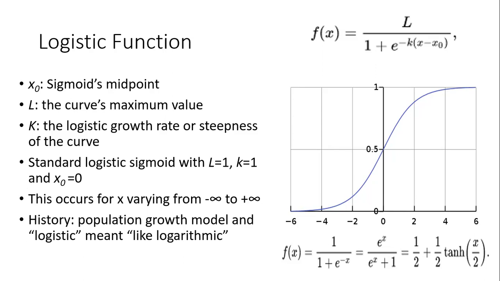You understand? They have the same shape. So do not think that sigmoid is something else, logistic is something else, and hyperbolic tangent is something else. We are referring to the same function basically, but with different parametric values, or maybe some shift, because you can see 1/2 plus 1/2 tanh. So this half is actually shifting the distribution towards the right. It's just shifting it, not even a skew.